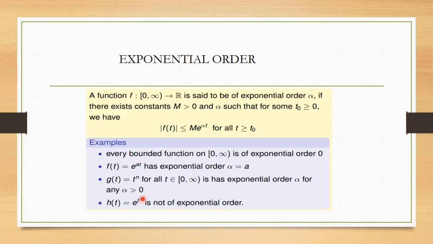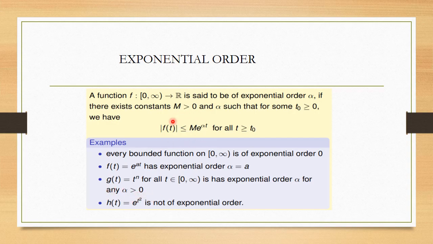But e to the power t square is not of exponential order because we cannot find such an e to the power alpha t and M such that e to the power t square is less than or equal to this thing, right? So this function is not of exponential order.